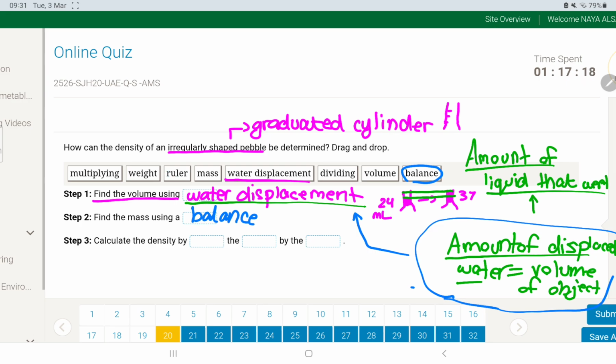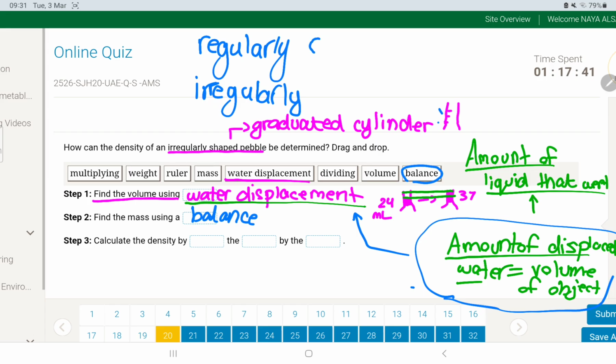Oh, wait, guys, before that, here I'm going to need to do this: regularly shaped objects and irregularly shaped objects. Okay? For a regularly shaped object, such as, let's just say, a cube or a rectangular prism, you take the length by the width by the height.